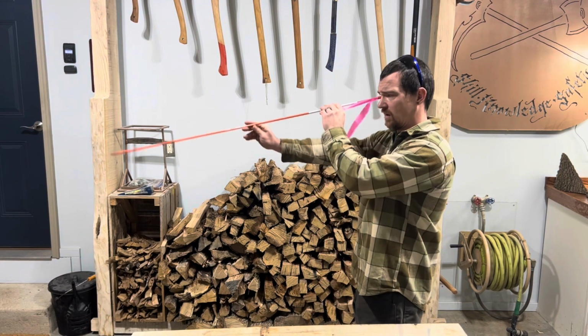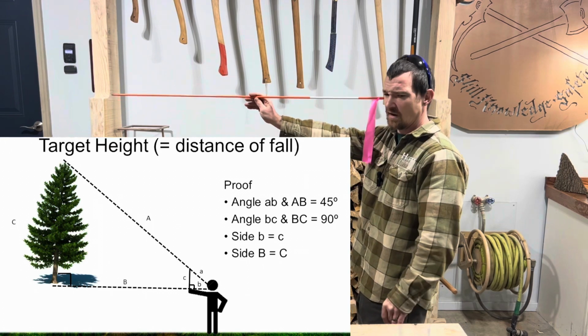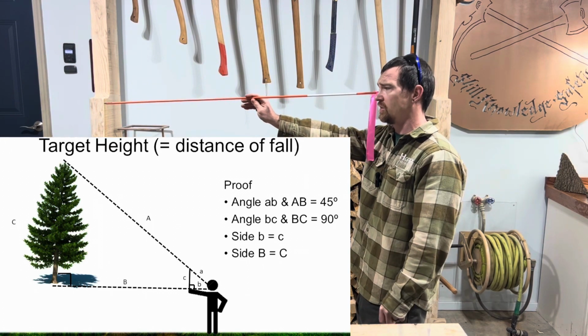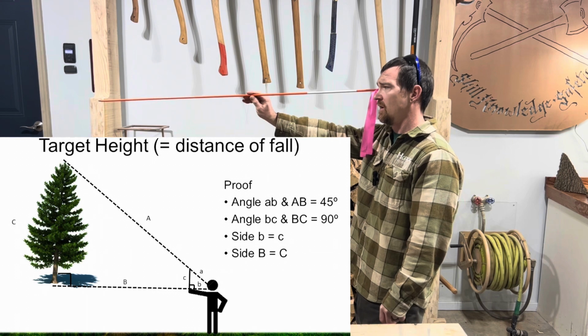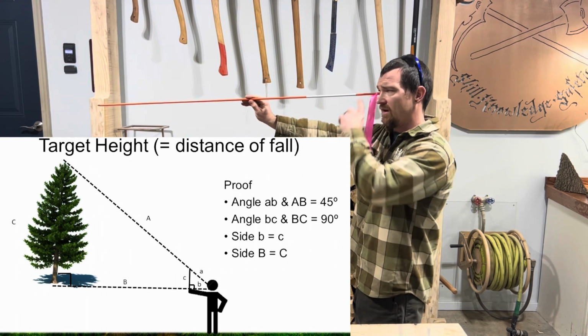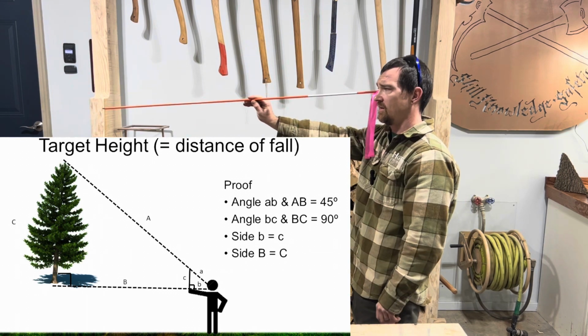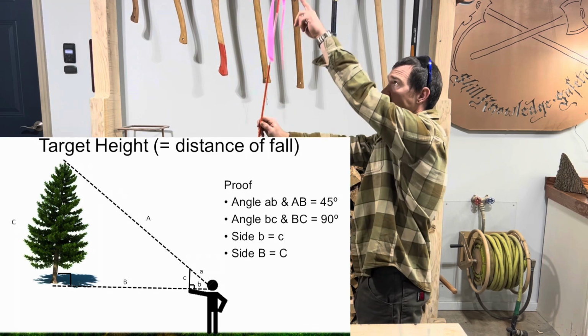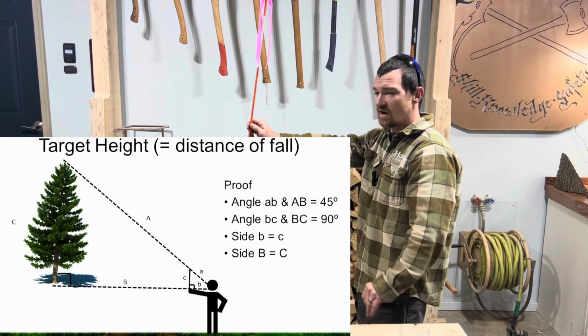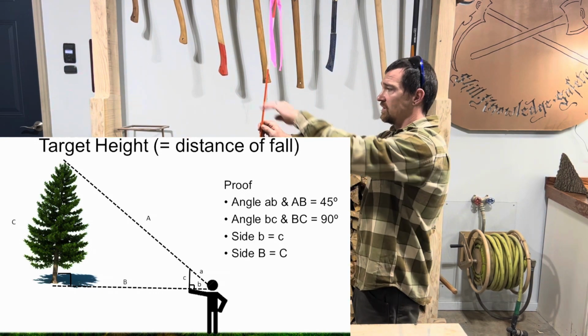And so how does that work? In the slide I'm showing you now is the concept that if this distance is the same as this distance, we're just extrapolating that triangle out visually further.